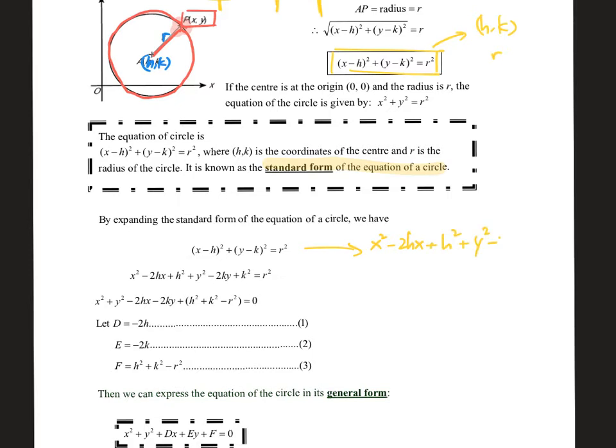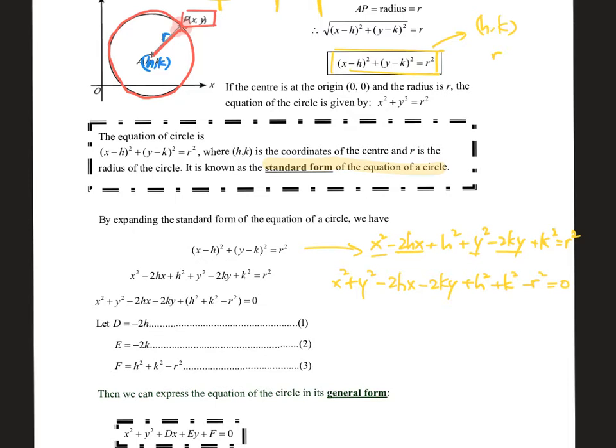Similarly, you have y squared minus 2ky plus k squared equal to r squared once again. Afterward, x squared and y squared, normally we move to the front, then x and y follow, minus 2hx minus 2ky. Finally, you have h squared plus k squared minus r squared equal to 0.